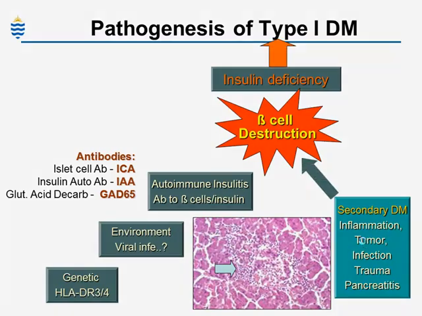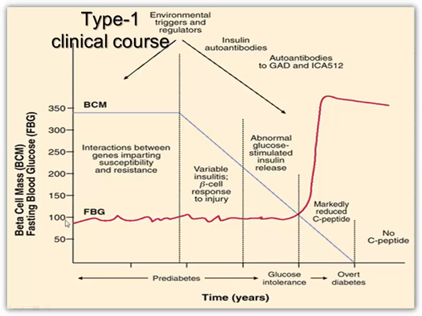Type 1 course: sudden presentation. When the beta cells are decreasing, it does not produce any clinical features. Sudden appearance, usually following an upper respiratory infection.